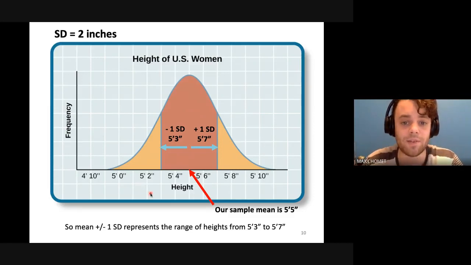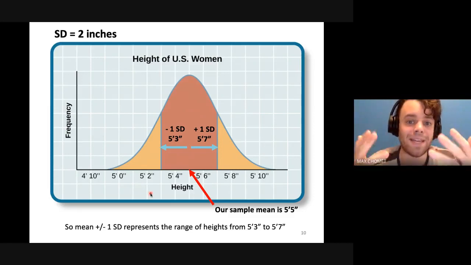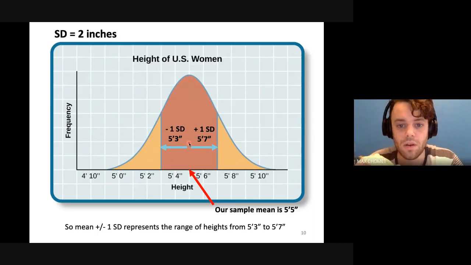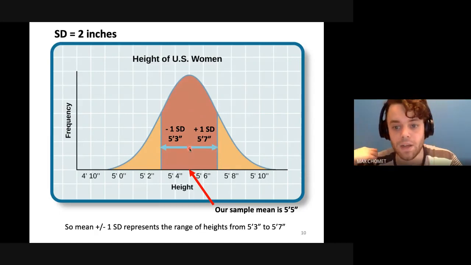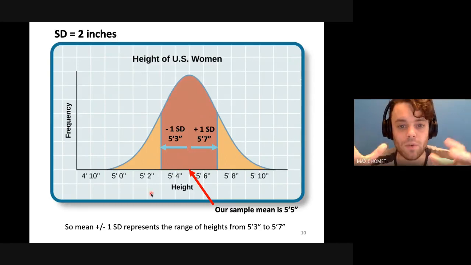And so if I describe this range of the mean plus or minus 1 standard deviation, if a woman is 5'3", then she is 1 standard deviation lower than the average. If she is 5'7", she's 1 standard deviation above the average height. And so sometimes they'll describe these ranges. This is where most of the sample is, right?